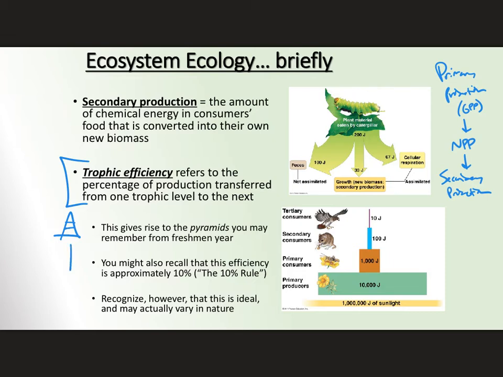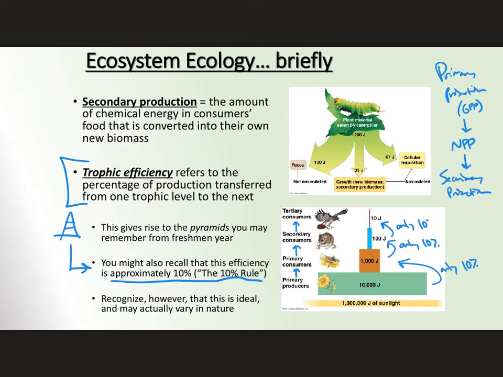If you remember those, you might also remember that we had what we called the 10% rule. This is the idea that from one trophic level to the next, primary producer to primary consumer, then to secondary consumer, tertiary consumer, and so on, you only pass about 10% of the energy onto the next group.